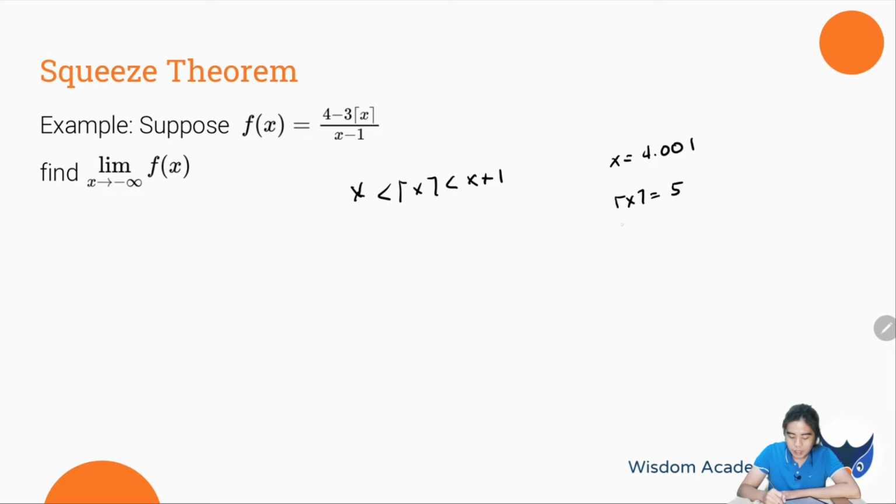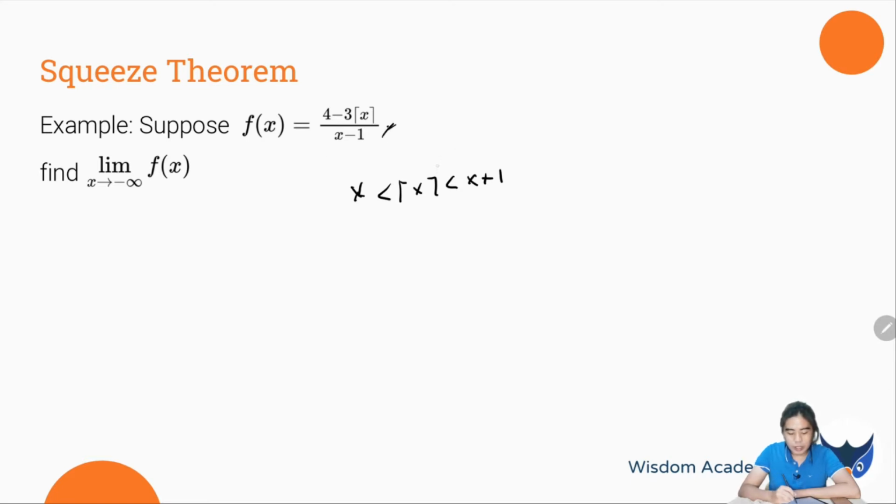Then, x plus 1 will be equal to 5.001. So, alam natin na yung ceiling of x will always be between x and x plus 1. Okay? So, ayan.